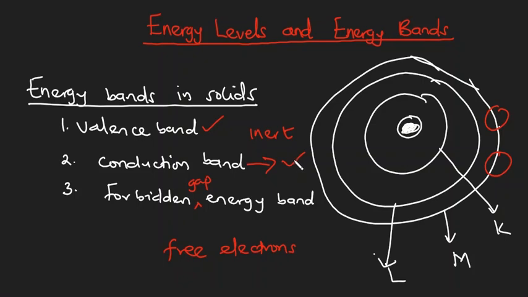So if there is a huge gap between the valence band and the conduction band, the electrons from the valence band are not able to move to the conduction band, because in the forbidden gap there is no allowed energy state in that region. So there is no energy there. Electrons are not able to move from the valence band to the conduction band to conduct current.